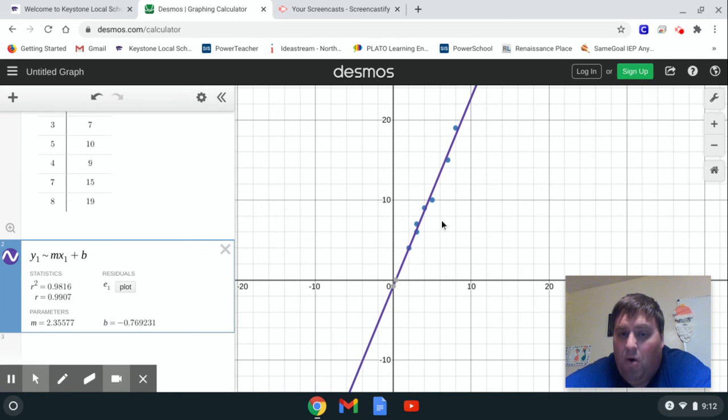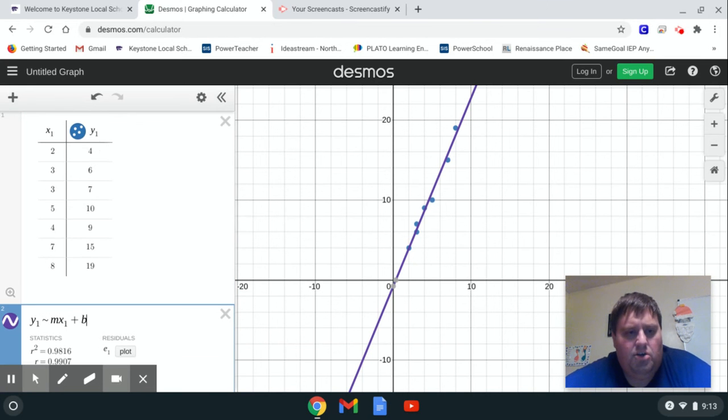That means that this is almost linear. It's almost a straight line. But it doesn't have to be, right? So let me show you what happens here.